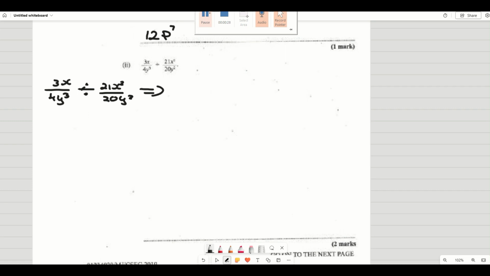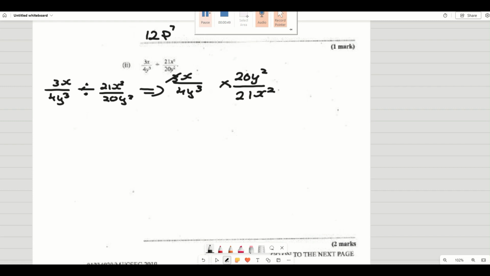This is going to change, because it's division, you turn it to multiplication. So it's 3x over 4y cubed multiplied by 20y squared, all divided by 21x squared.